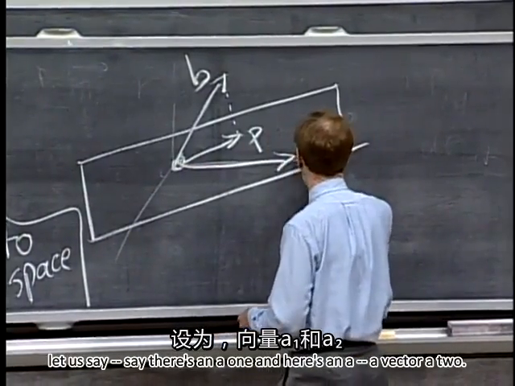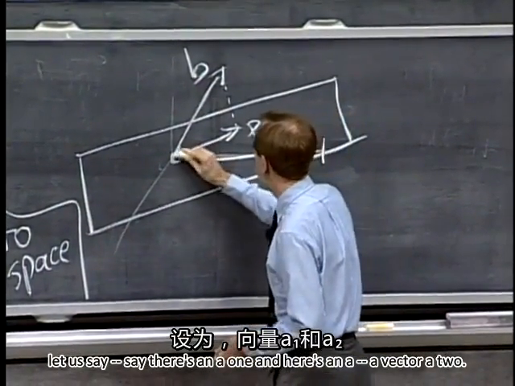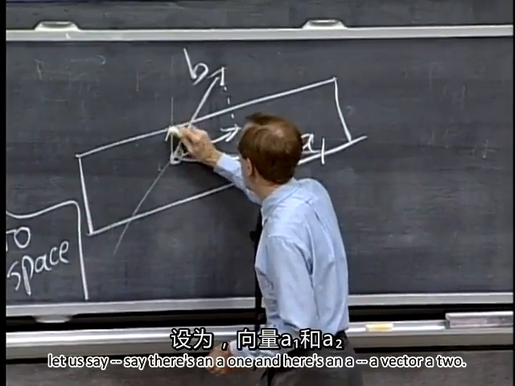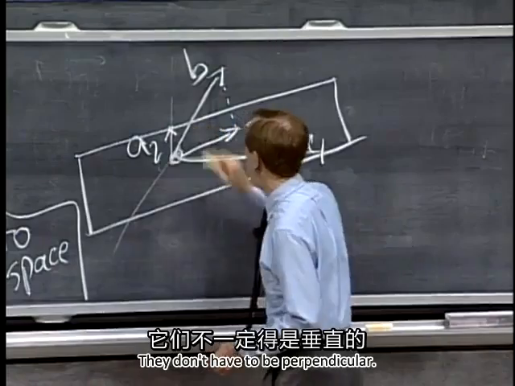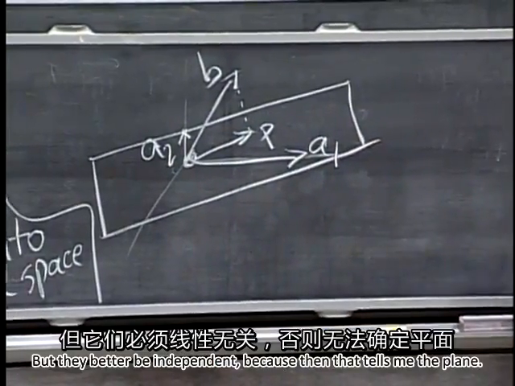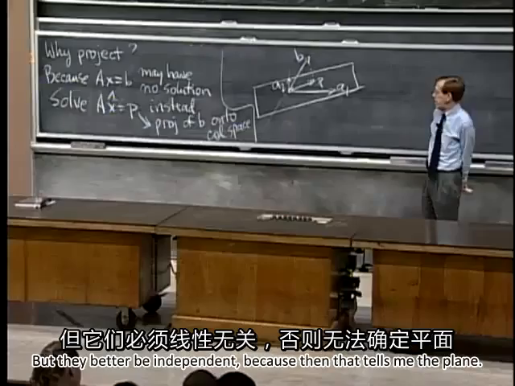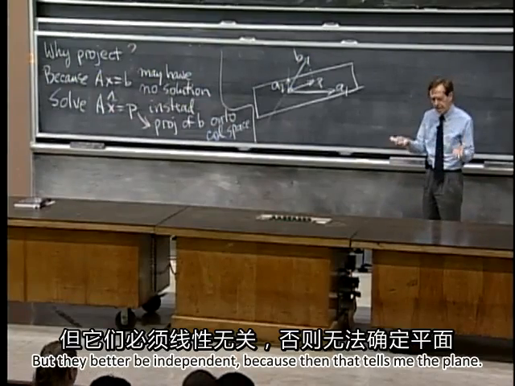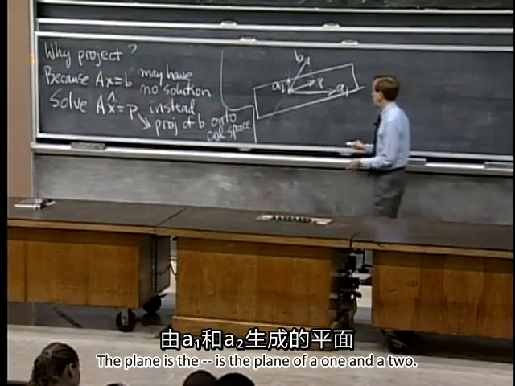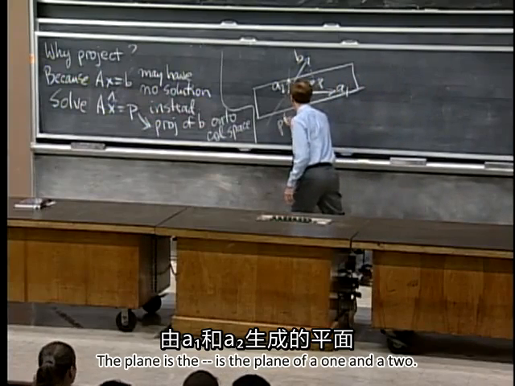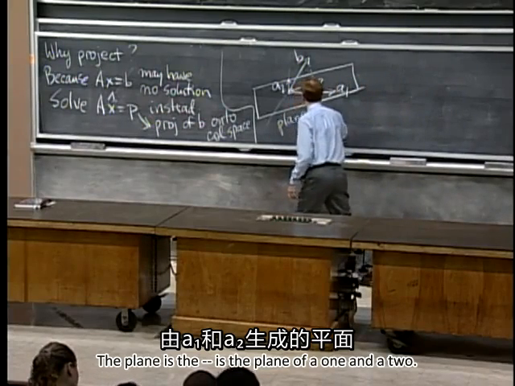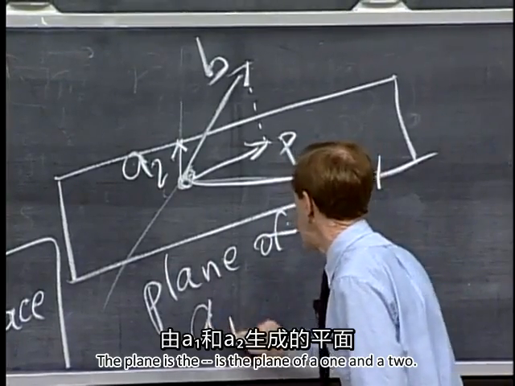So let's say there's an A1, and here's a vector A2. They don't have to be perpendicular, but they better be independent, because then that tells me the plane. The plane is the plane of A1 and A2.